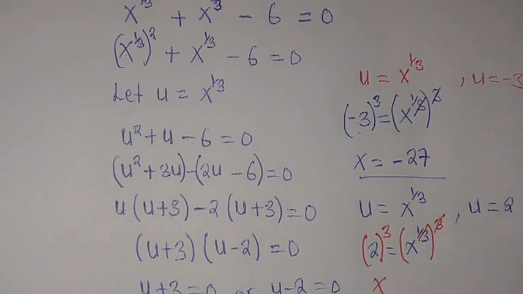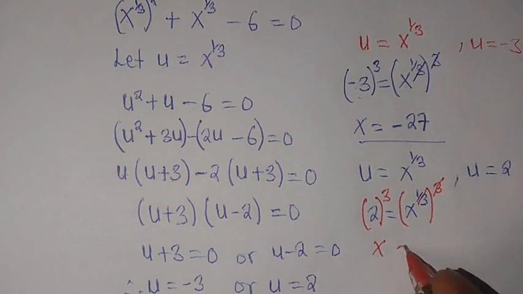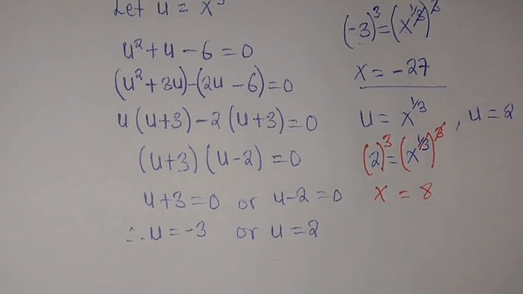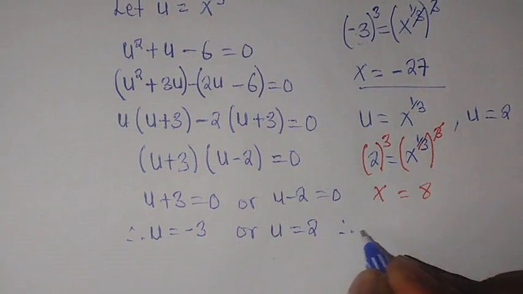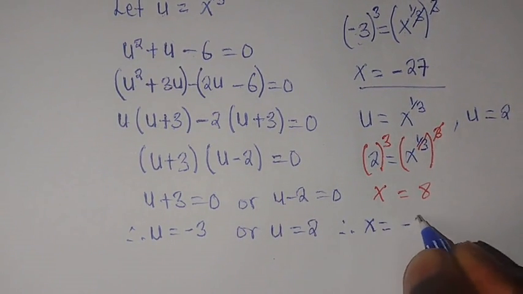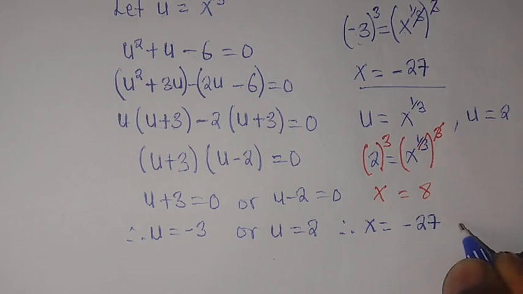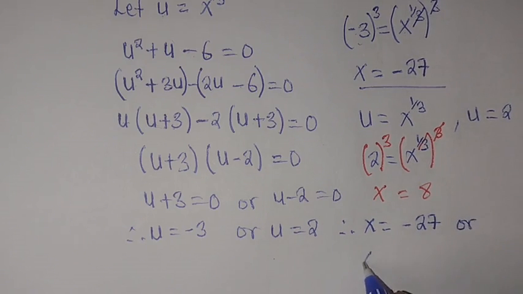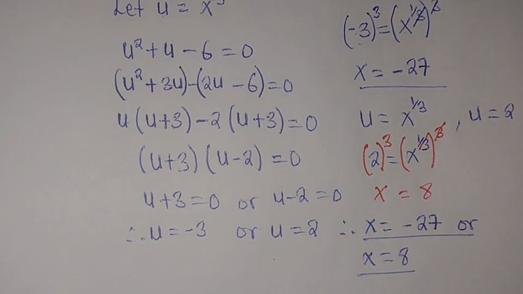We have x is equal to 2 to the power 3, which gives us 8. Therefore, x is equal to negative 27, or x is equal to 8. So these were the answers.